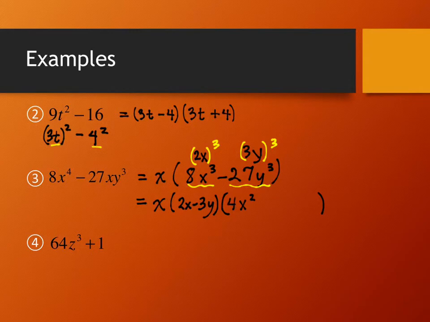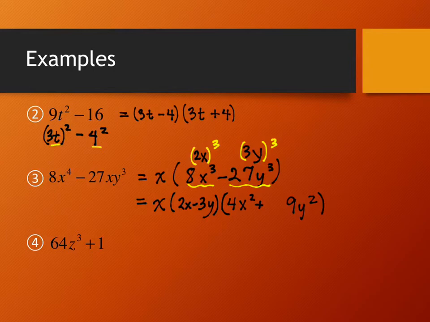I'm going to jump to the end next, and we'll do the same thing with the y one. So I need to know 3y squared. So I need to know what is 3 squared? 9. And then y squared is y squared. So I have 9y squared. In the middle, I need the opposite sign. So the sign previously is subtraction, so my opposite will be addition.